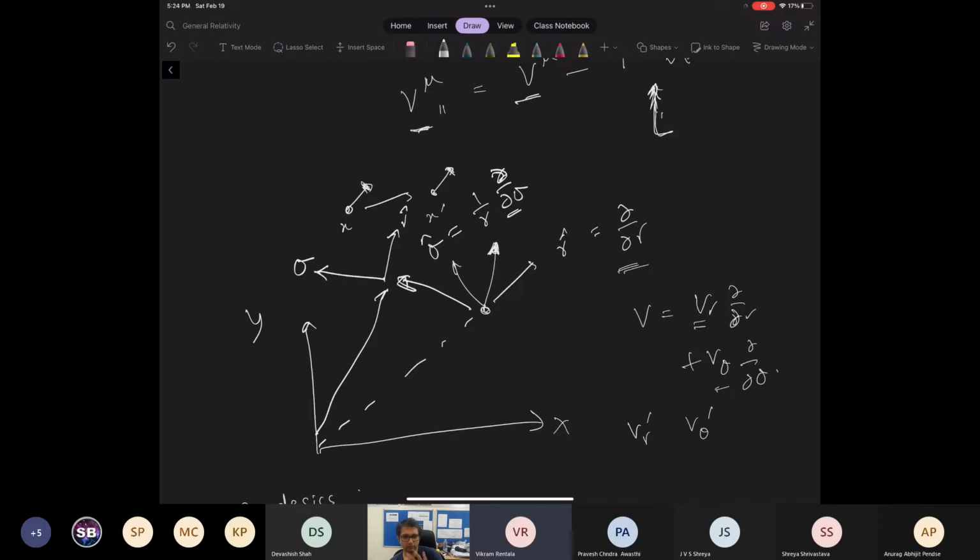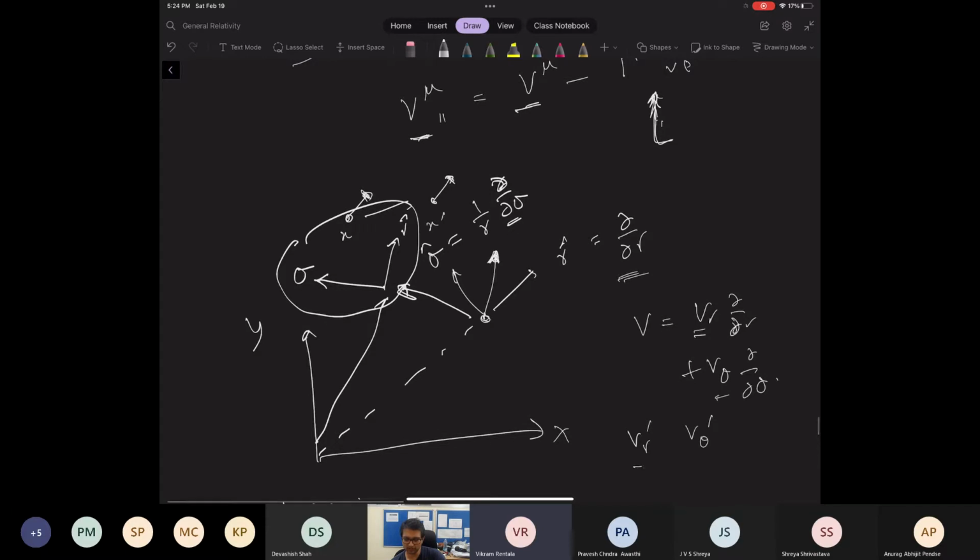Intuitively, you can understand that because your coordinate system is rotated when I make this displacement. Since my coordinate system is rotated, it's easy to understand why this v^r prime and v^theta prime will be some linear combination of the old v^r and the old v^theta.